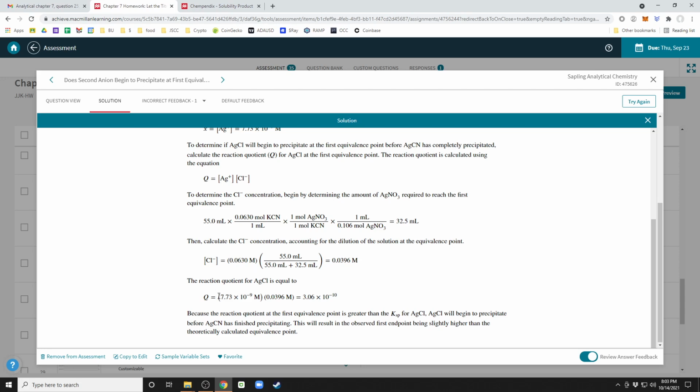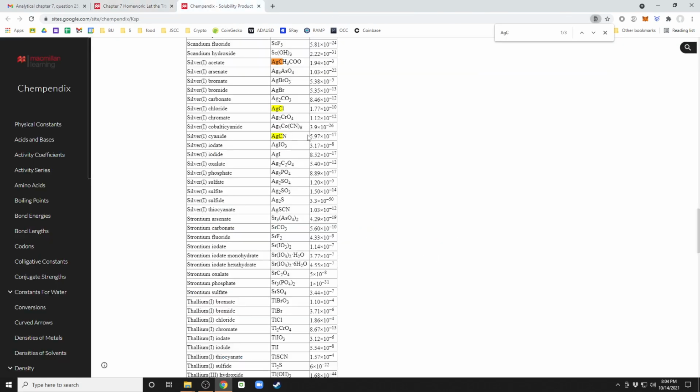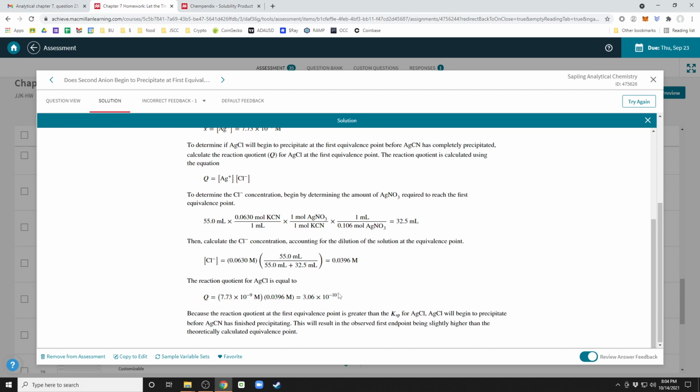We take that silver concentration, we multiply it by our chloride concentration, which we just figured out, and that would give us our value for Q, which is our reaction quotient. Now, if the reaction quotient is greater than the KSP, which if you remember your values for KSP, it's a lot larger. This is 10 to the negative 17. This one's 10 to the negative 10.